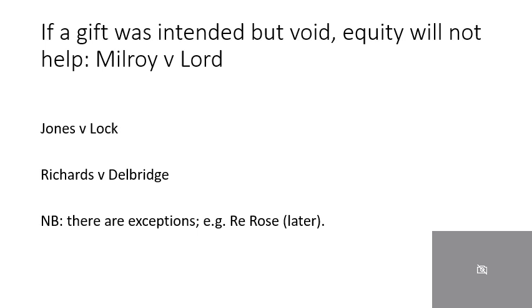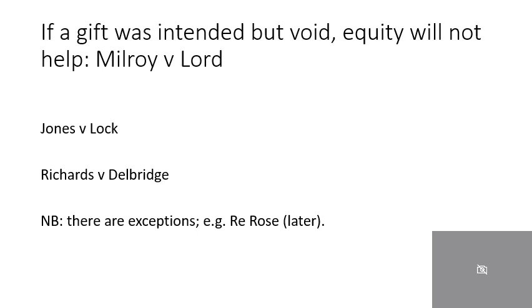So maybe the donee can ask the court, well, can you treat this scenario not as an outright gift, which was imperfect, but treat it as if the donor had intended to declare themselves as trustee, holding the shares on trust for me, the donee. That won't work.